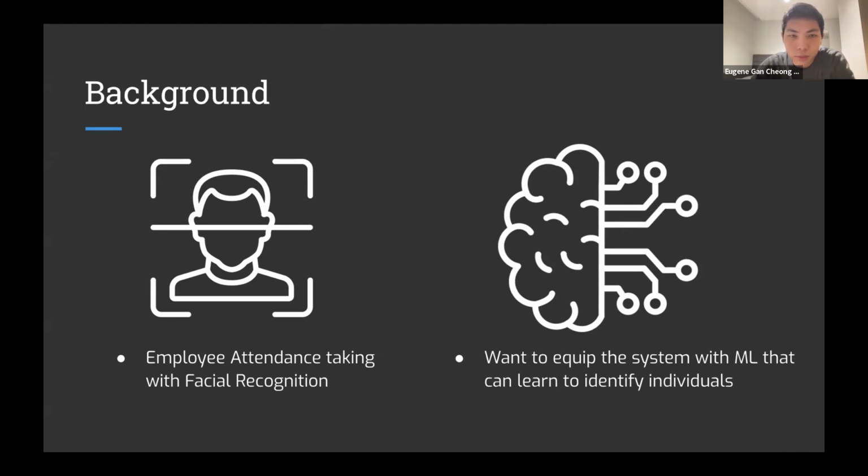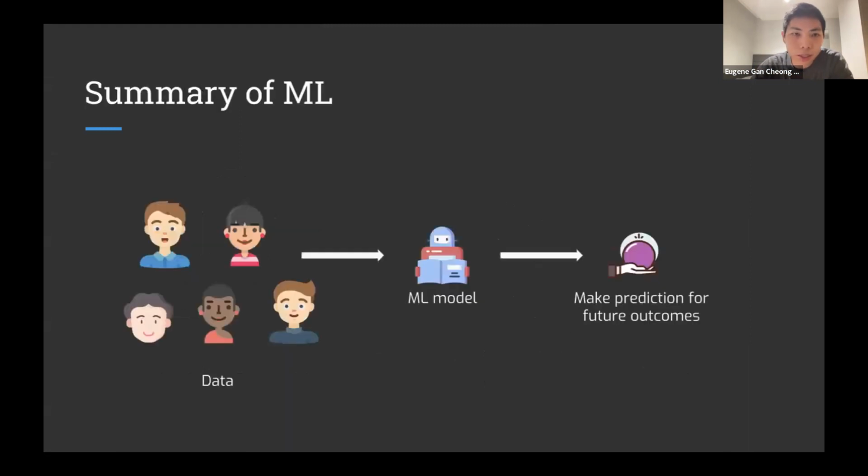Because I'm not sure how familiar you are with ML, let's take a quick summary of what ML is. A simple way to look at ML is that you let the machine learn by itself. How you do it is you feed it with data. For our case, it will be the faces, and we let it predict the labels for new data, without giving it any information about it.